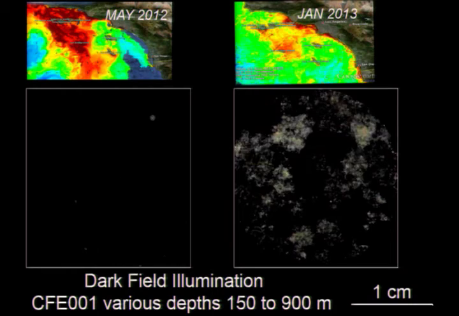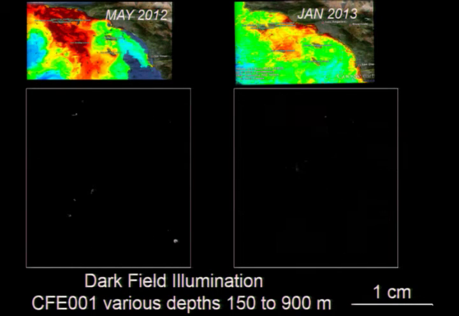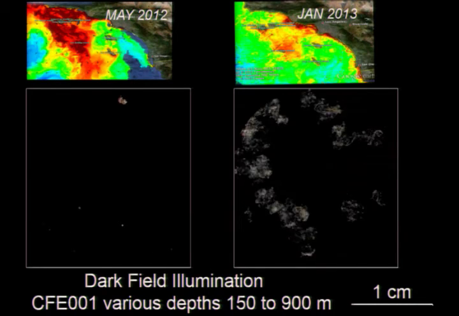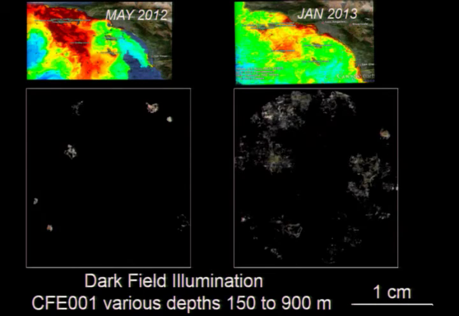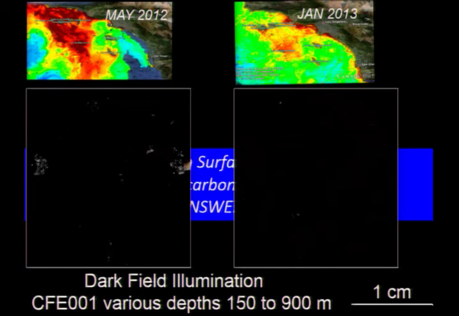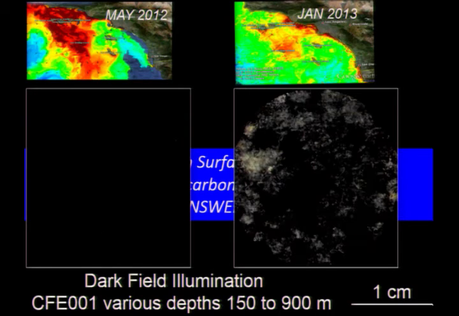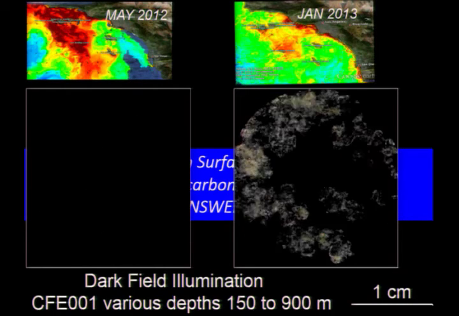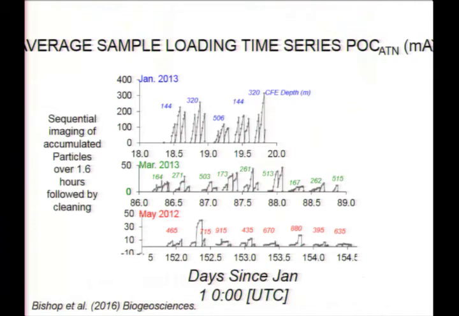I had gone out in January expecting to get nothing because the biomass was low, and my gosh, the entire water column was raining particles. And the answer, which should have popped up, is, does surface chlorophyll allow you to predict flux? The answer is not simply.